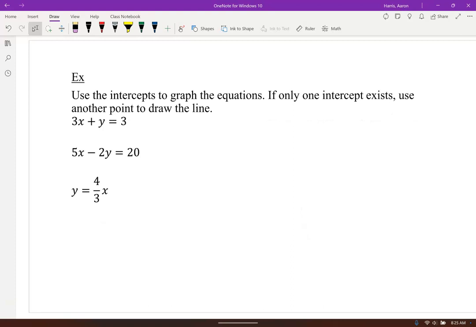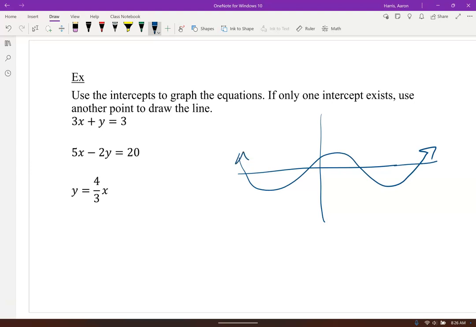All right, how about intercepts on a graph? X and Y intercepts. Let's talk about x-intercepts for a minute. Let's say I have this crazy curve. We're not going to deal with this right now, but notice all of these points, which are x-intercepts. They cross the x-axis.